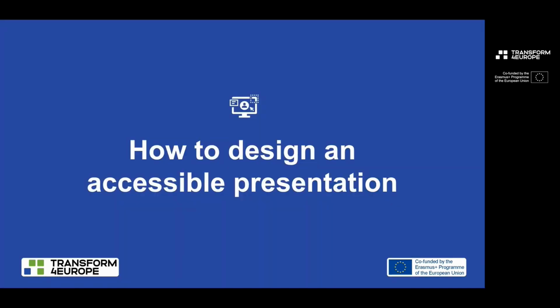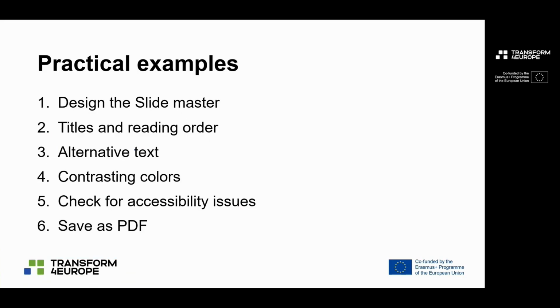Now that we have talked about the main uses and elements we will find in a PowerPoint presentation, it is time to start with the practical examples. Here is a list of 6 elements I would like to cover during the rest of the webinar. At the end of the practice, you will be able to create your own accessible presentation template.